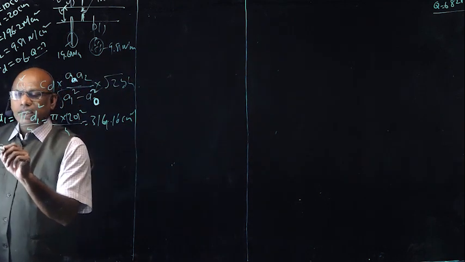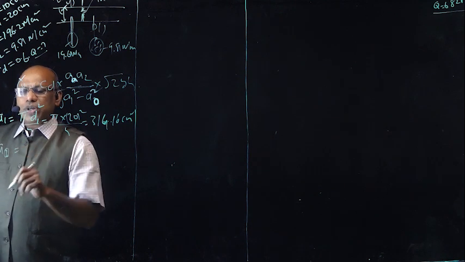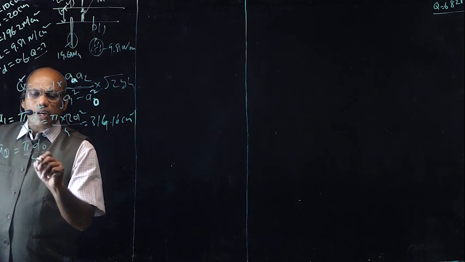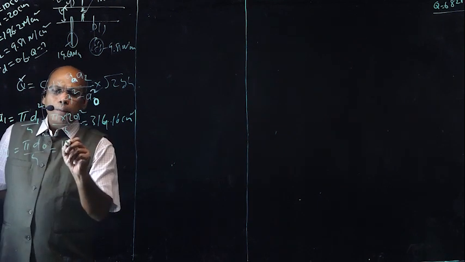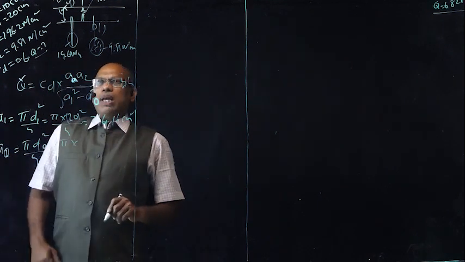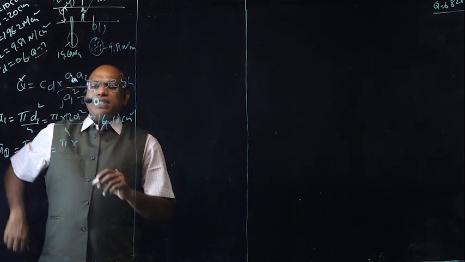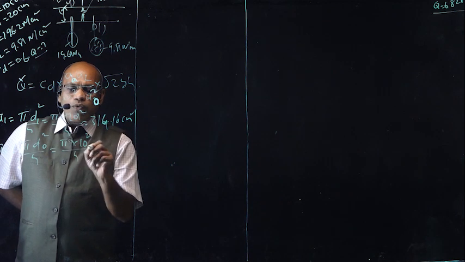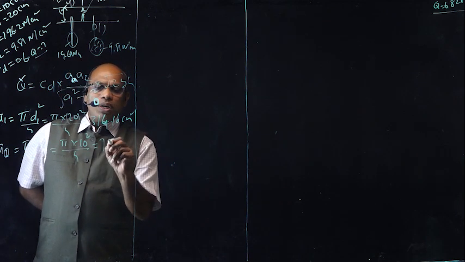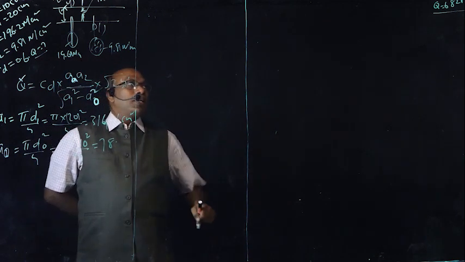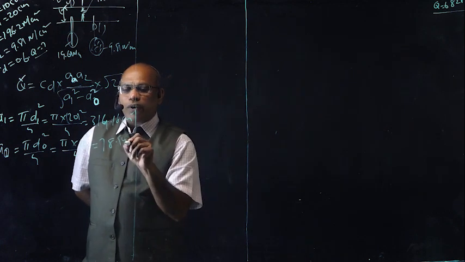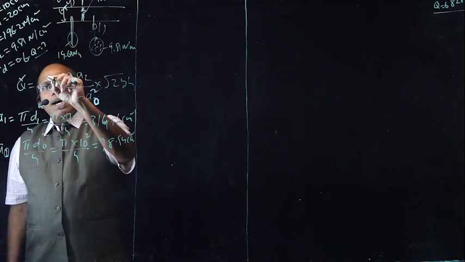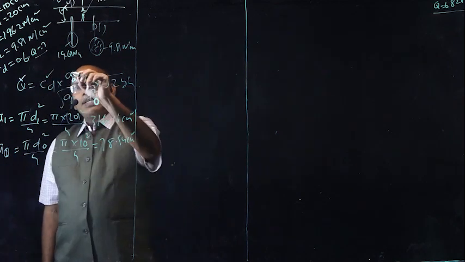The cross-sectional area of the orifice, A0, is equal to pi d0 square divided by 4, pi into the orifice diameter, 10, square divided by 4, which is equal to 78.554 centimeters square.